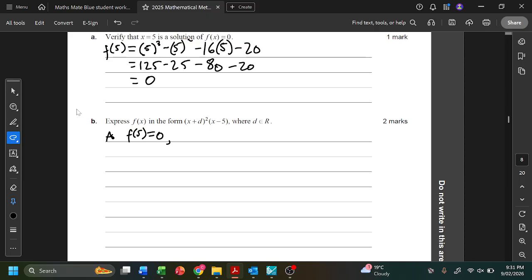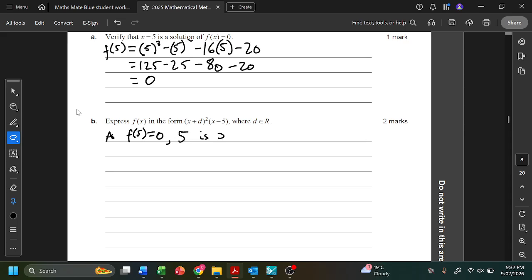We can therefore say that based on a couple of theorems, first up, the remainder theorem, the output that we get out of the function is the remainder after polynomial long division. And the factor theorem states that if that remainder is equal to 0, the thing that we put in there is a factor. So all of that is to say 5 is a factor.